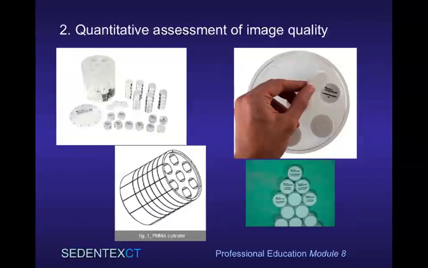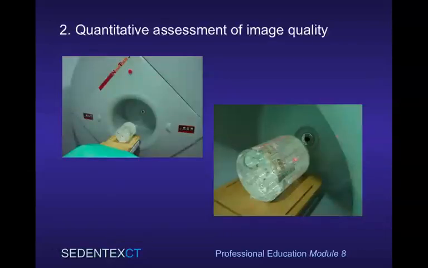In terms of the Sydentex CT phantom, the design of this is a polymethyl methacrylate cylinder into which can be placed various inserts. These inserts are used to make specific tests of image quality. The whole phantom can then be scanned in a cone beam CT scanner, such as shown here.